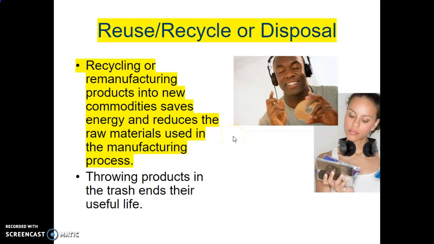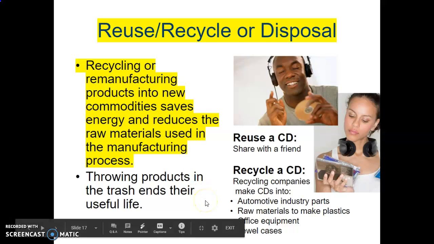Then we're going to move on to the reuse, recycle, or disposal stage in the product life cycle. Recycling or remanufacturing products into new commodities saves energy and reduces the raw materials used in the manufacturing process. Throwing products in the trash ends their useful life. Reuse a CD.